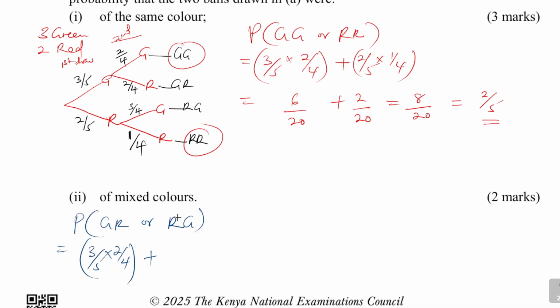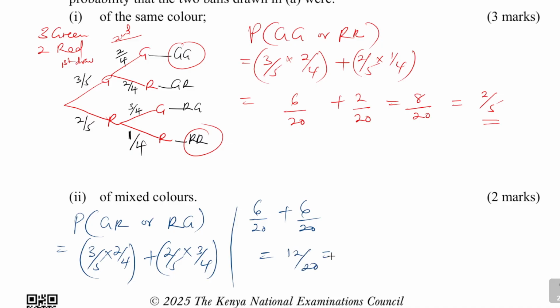Or red, green, we have 2/5 times 3/4. Multiply these will give 6/20 plus this will be 6/20, which will give 12/20. When you simplify 12/20, by 4, 3 by 4. Alright, so this will give 3 over 5.